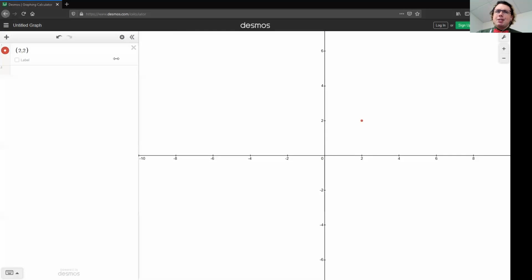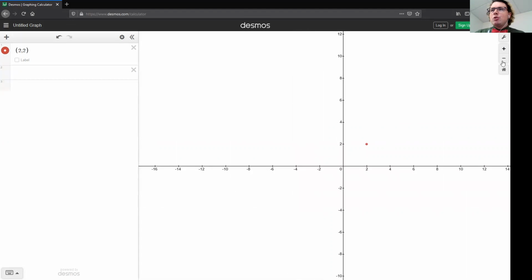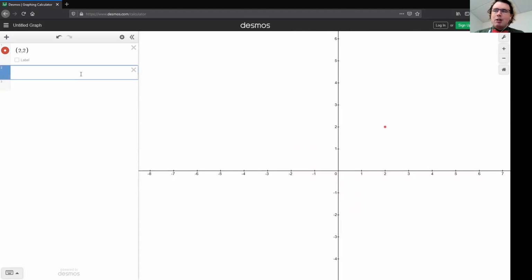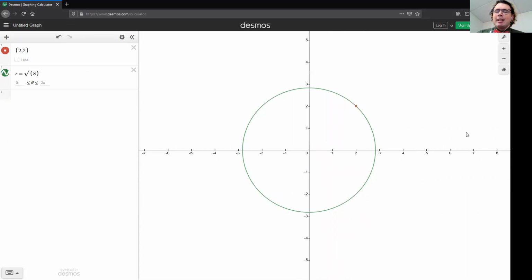But the problem with this is that there's lots of points that are square root of 8 units away from the origin. Why, if I drew a circle with that radius, let's say the radius r equals the square root of 8. Well, here I've got a circle of that radius drawn in green.